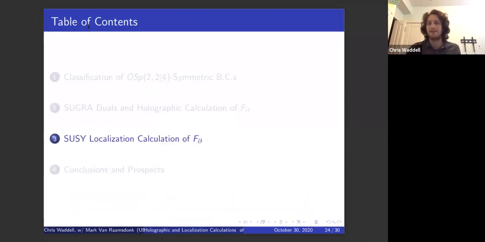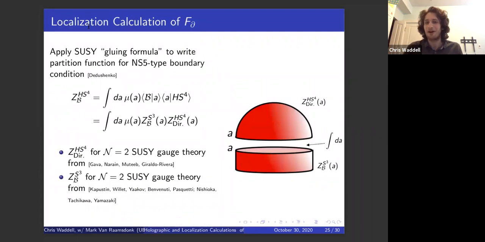Moving briefly into the latter part of the talk, to do with the supersymmetric localization calculation. Unfortunately, I don't have time to get into too many of the details, but essentially the general form of this calculation is that we apply a certain supersymmetric gluing formula discussed by Dedushenko in order to write the partition function for the theory with a general NS5 type boundary condition on the hemisphere.